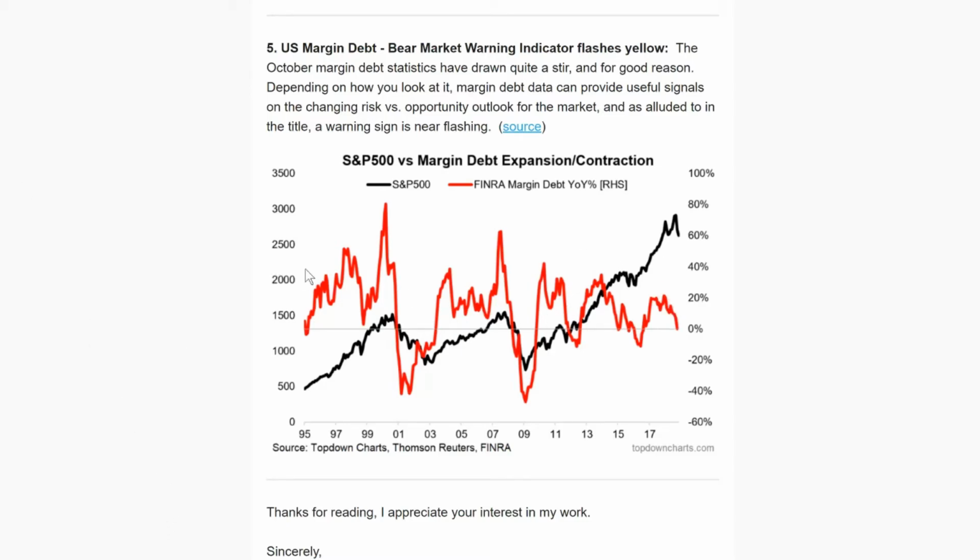So the first one is when it accelerates too quickly. And you can see there in 2000 and 2007, around the peak of both markets, you had this very enormous acceleration. The way to think about that is basically punters are leveraging up, frantically deploying leverage to try and boost returns.